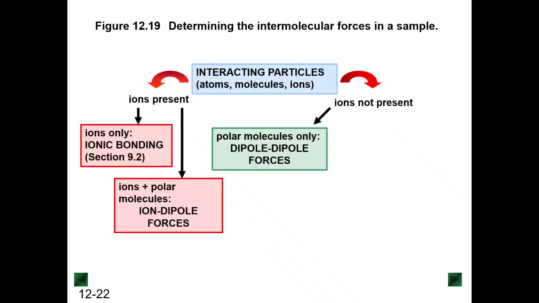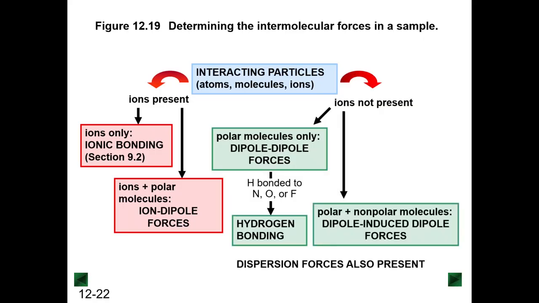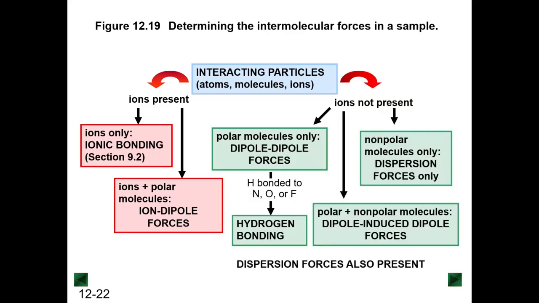This table helps us to discern what the strongest forces are that interact in a sample. So we start off at the top, and we have interacting particles, which may be atoms, for example, in the case of noble gases, or molecules, or ions. So if there's only ions, of course, that's ionic bonding, and so that's really an intramolecular force.